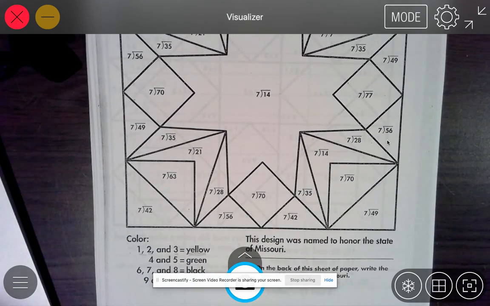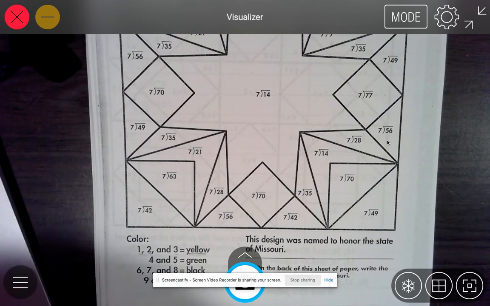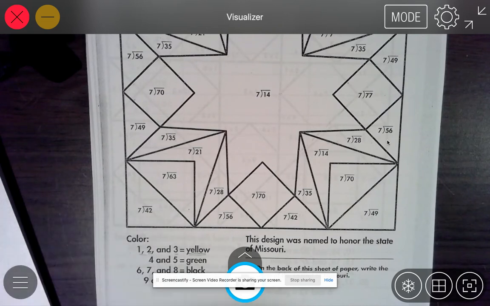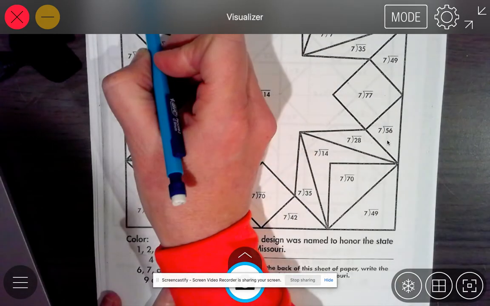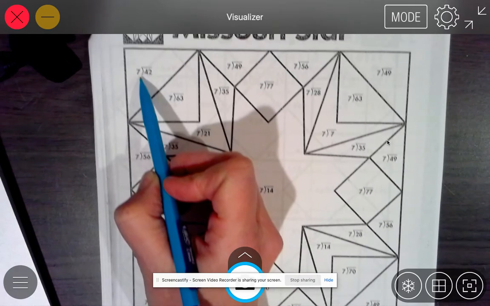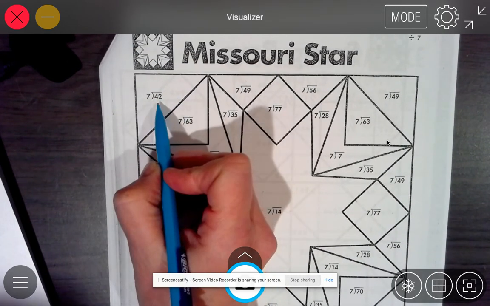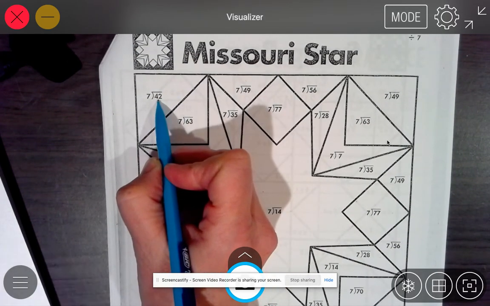Okay, so let me do an example here of what you would do. You're going along and you're going to answer the question by doing your division. So 42 divided, let me move this down, sorry. 42, I'm on this problem here, divided by 7.